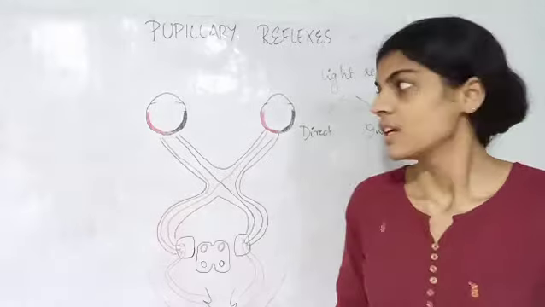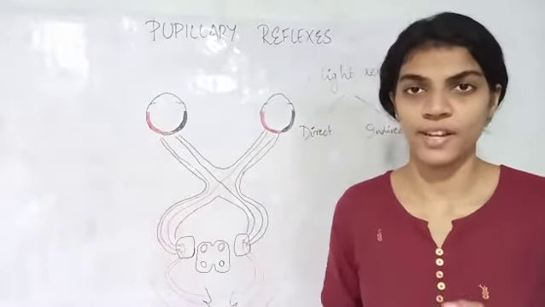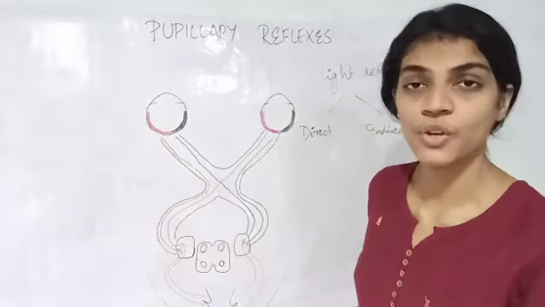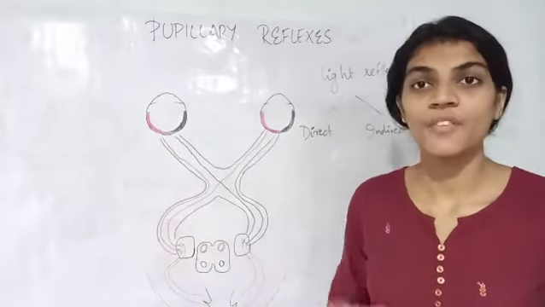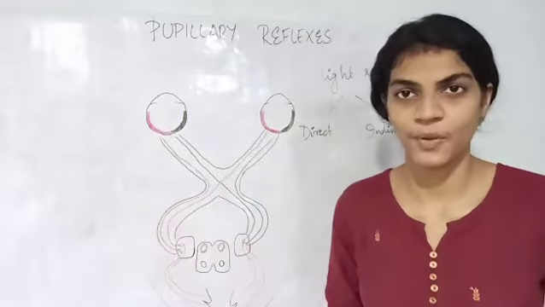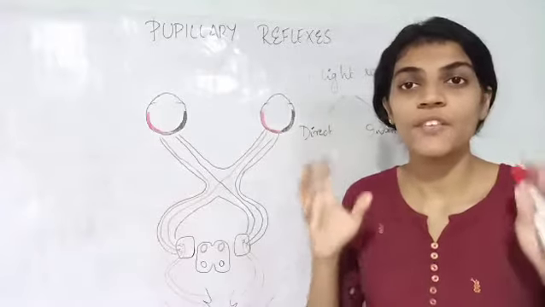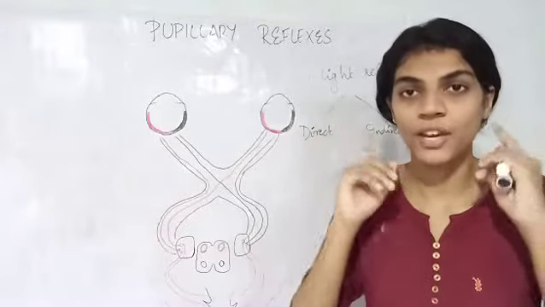So we'll now see the pathway of light reflex. In the previous video we have seen how the vision is produced by means of a neural pathway, the optical pathway, by which the vision is conveyed to your brain.